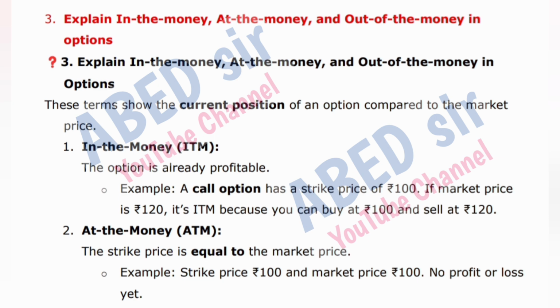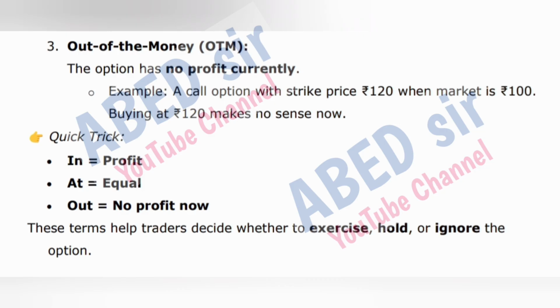2. At the money, ATM. The strike price is equal to the market price. Example: strike price 100 rupees and market price 100 rupees. No profit or loss yet. 3. Out of the money, OTM. The option has no profit currently.